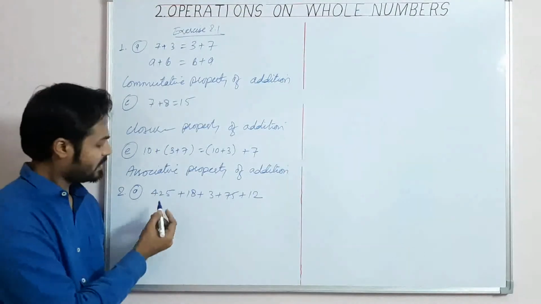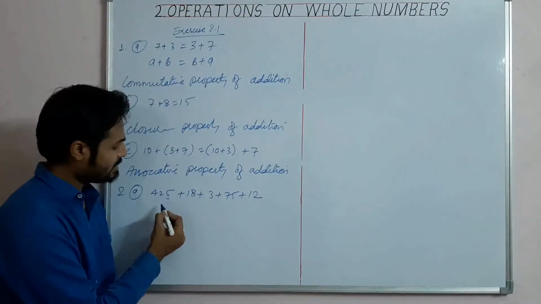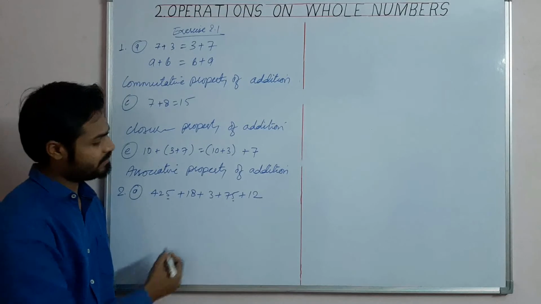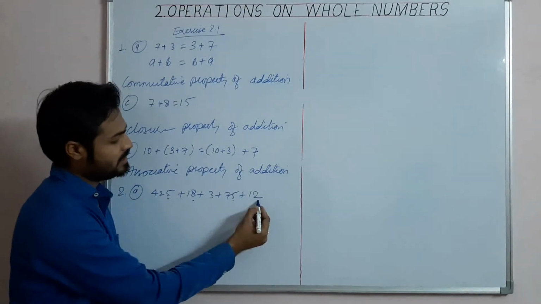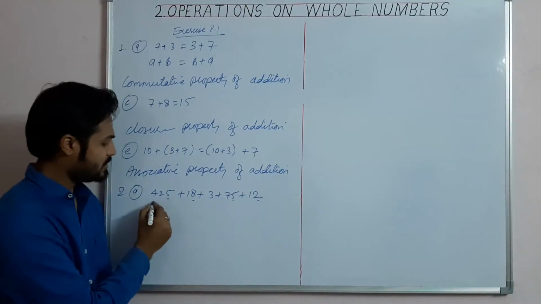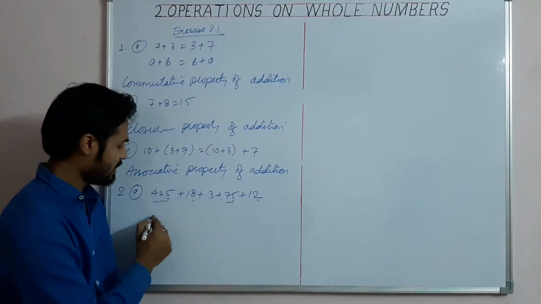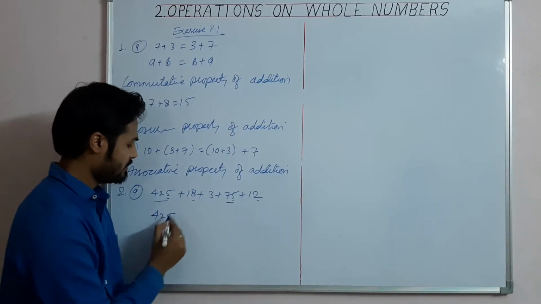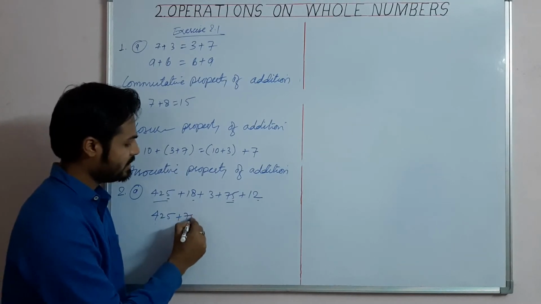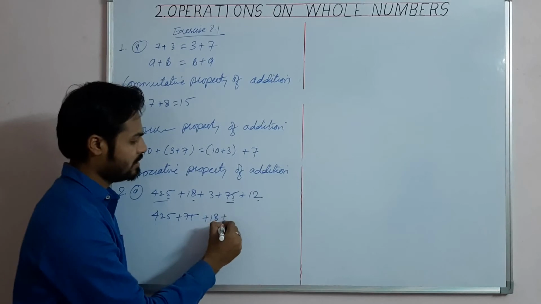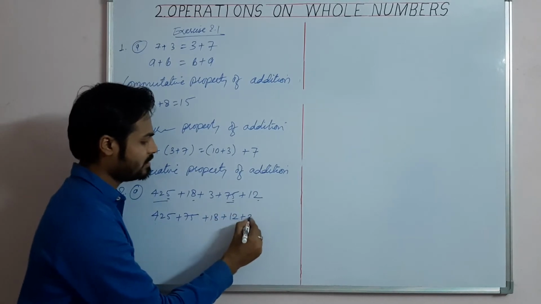Here you can see the last digit is 5, here the last digit is also 5, and 8 and 2. If we change the place, like we write 425 and then directly 75, now 18 and 12 and 3.